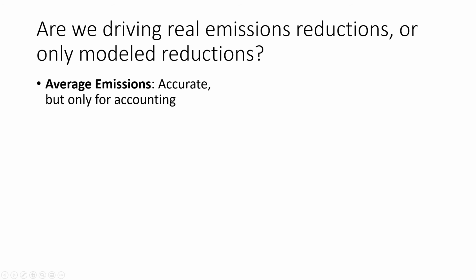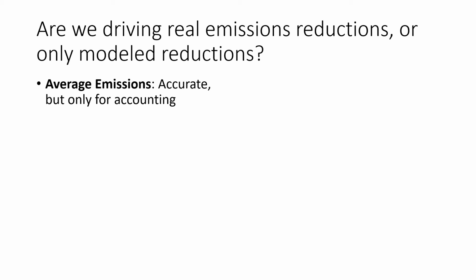The first method is average emissions, which measure for some period of time how much GHG was emitted by all power plants per unit of electricity consumed. These average factors are typically used for historical emissions accounting purposes in greenhouse gas inventories set by standards such as the Climate Registry and the GHG Protocol.